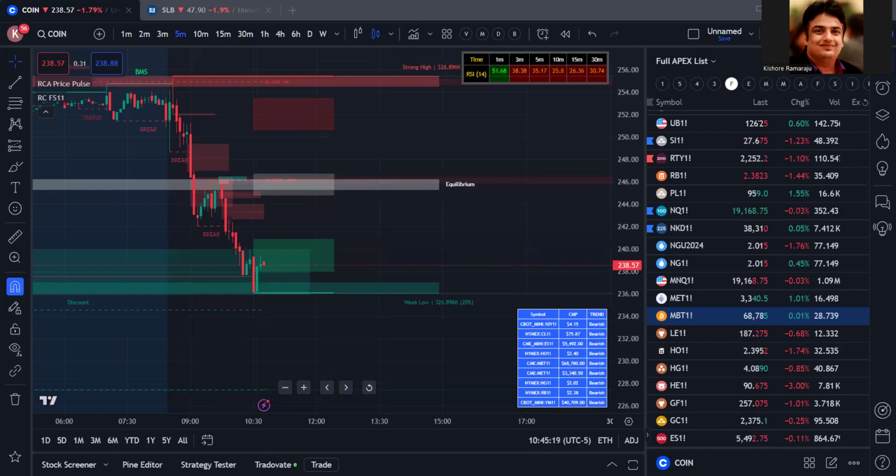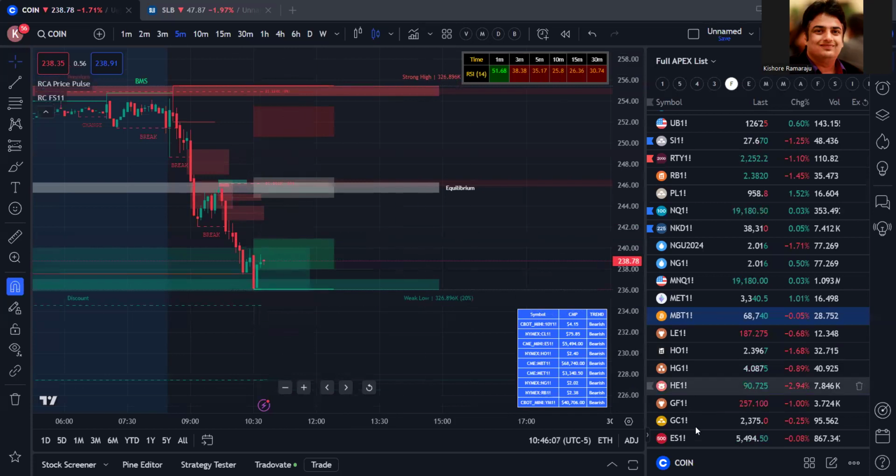Let us go and look at the coin also, it is looking good. NCLH is moving good, Microsoft is moving good.